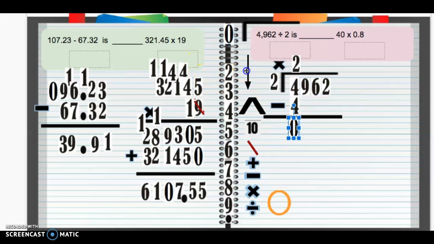Bring down the 9. Then we ask ourselves, how many times does 2 go into 9? So 2, 4, 6, 8, 10. Well, 10 is too big, so I have to go one less, which is 4. 2 times 4 is 8, so I put my 8.